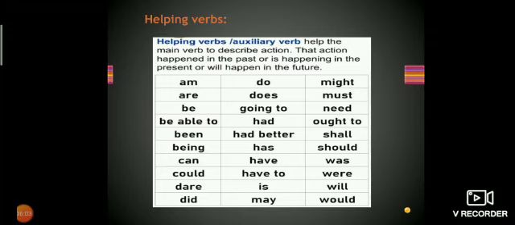Am, are, be able to, been, being, can, could, did, do, does, going to, had better, has, have to, is, may, might, must, need, ought to, shall, should, was, were, will, would. Means these all are helping verbs.